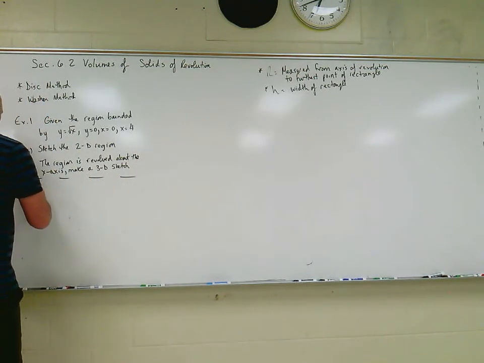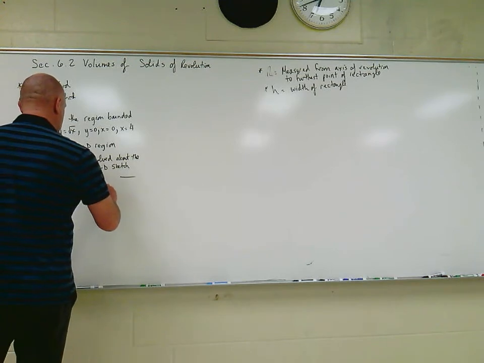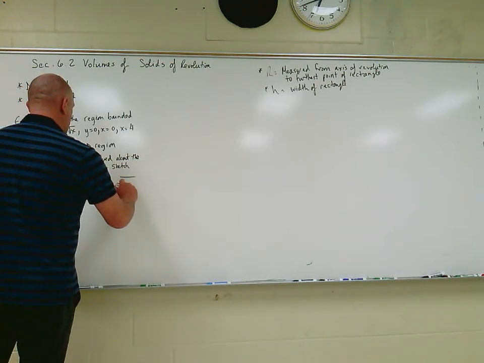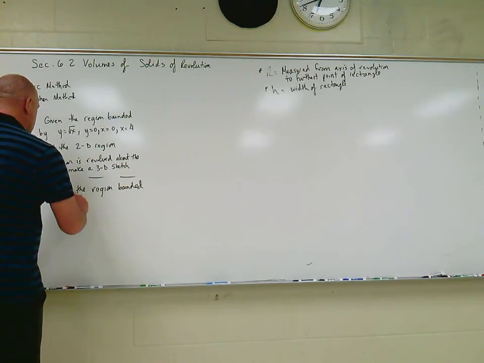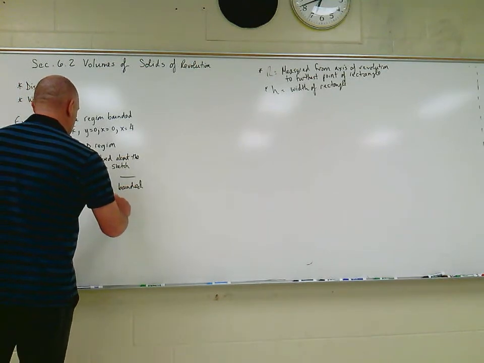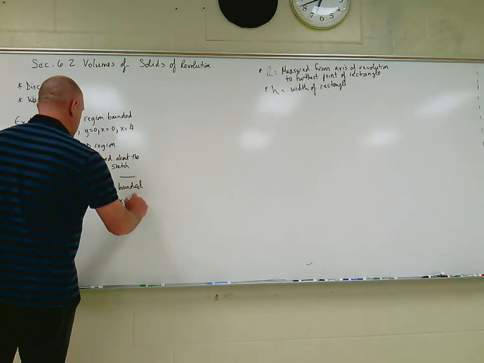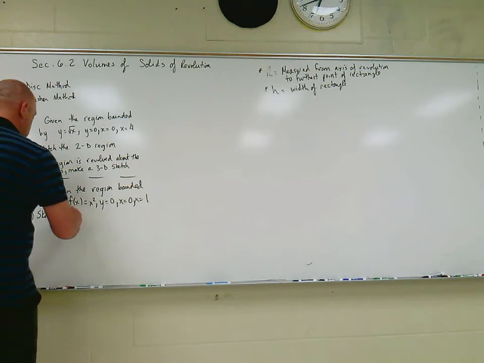Given the region bounded by y equals, I'm just going to call it f of x equals x squared, y equals 0, x is 0, x is 1. Part A: sketch the 2D region.